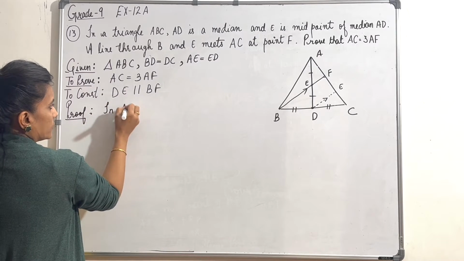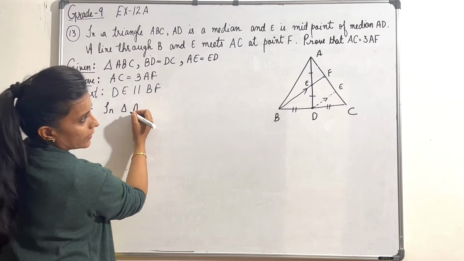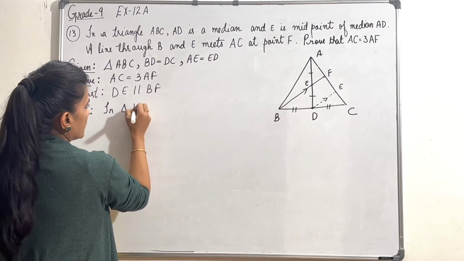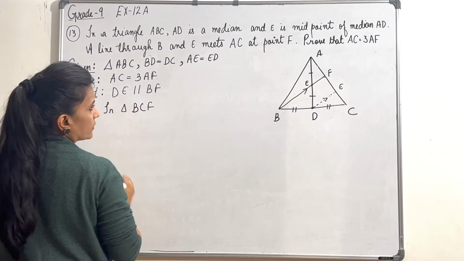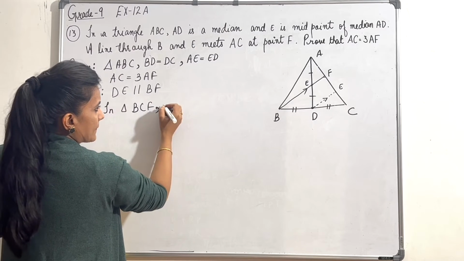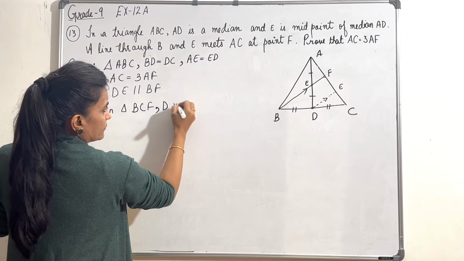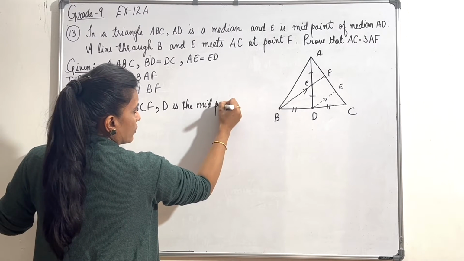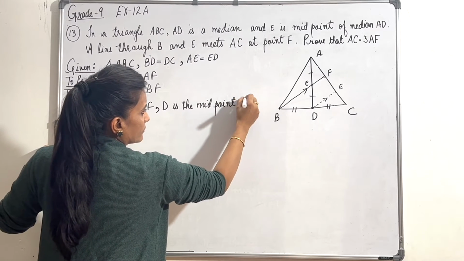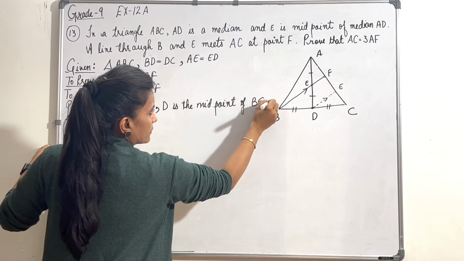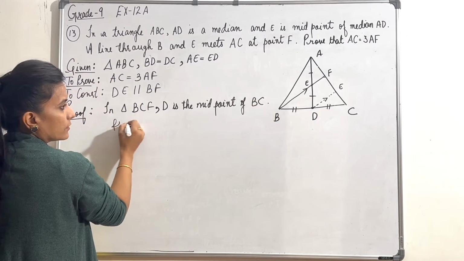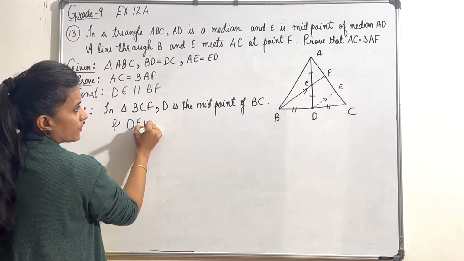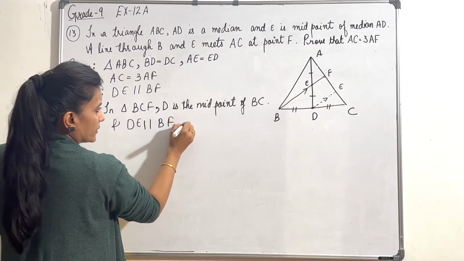So in triangle BCF, in this triangle, what do we see? That D is the midpoint of BC and DE is parallel to BF, correct?